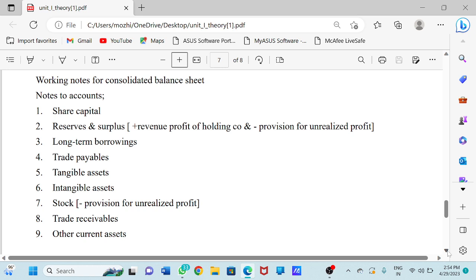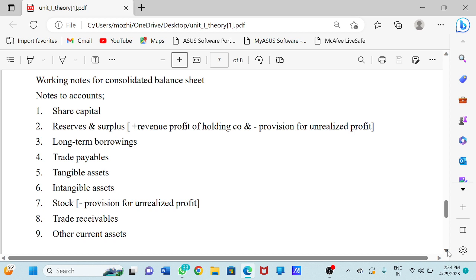But all the things which we have not used in the workings, we will take both holding as well as subsidiary while calculating the notes to accounts. Share capital, we will have both holding and subsidiary, reserves and surplus. If we have profit of the holding companies, we will add it back. If we have any negative losses, we will deduct. And provision for unrealized profit, of course, has to be deducted from the reserves and surplus to find out what is the actual surplus we possess.